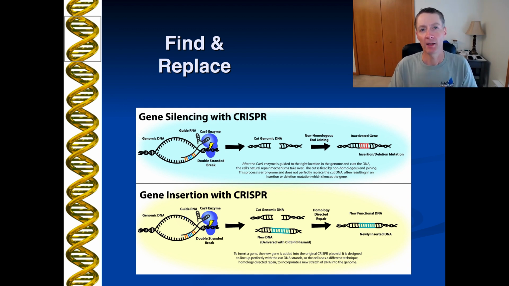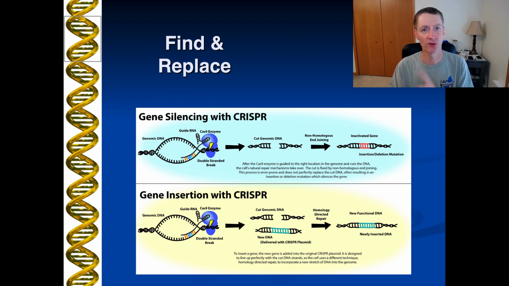So imagine that. Imagine if you could find the sickle cell gene where there's this nucleotide mutation, right? Find it with CRISPR, remove it, and replace it with a normal hemoglobin gene. Or for another example would be cystic fibrosis.